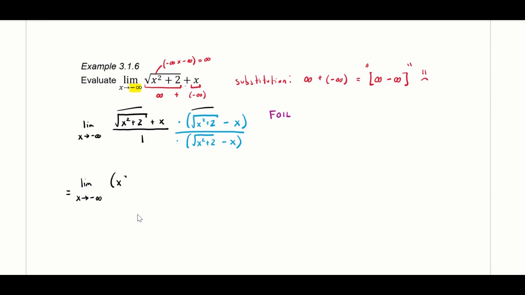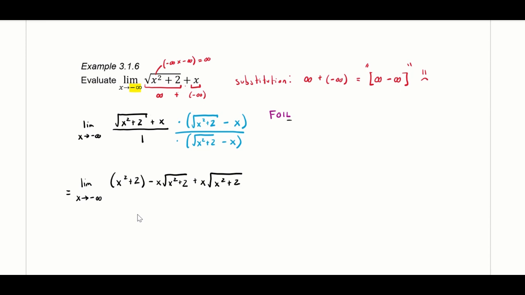I'm going to be left with x squared plus 2. Outside terms, this square root times this negative x is going to give me negative x times the square root of x squared plus 2. My inside terms, positive x and this square root term, that's going to give me plus x times the square root of x squared plus 2.